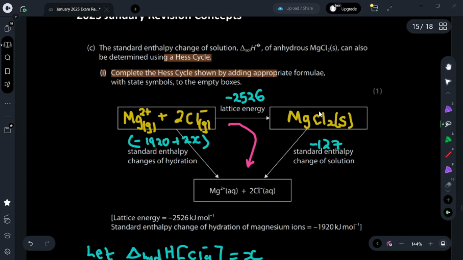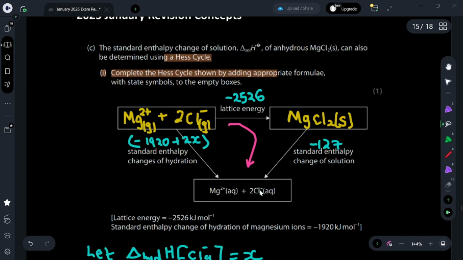That is what we obtained in part B of the question. All right, and the standard enthalpy change of hydration of magnesium ion is negative 1,900. So we are going to use the cycle and move through my finger arrow here, or go direct from the magnesium ions, chloride ions, to the same ions in solution from the ions in gaseous form.